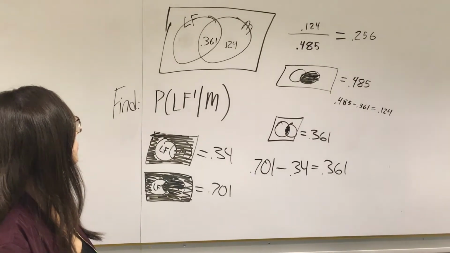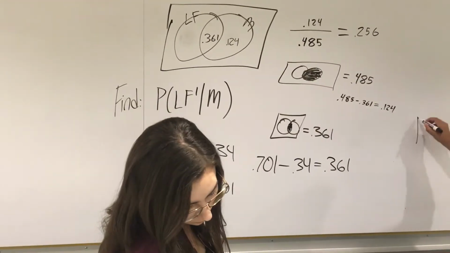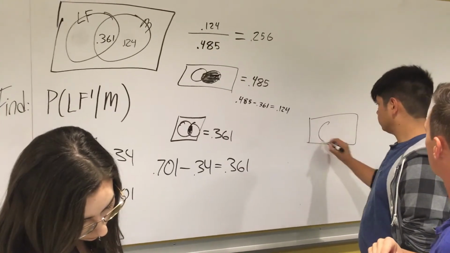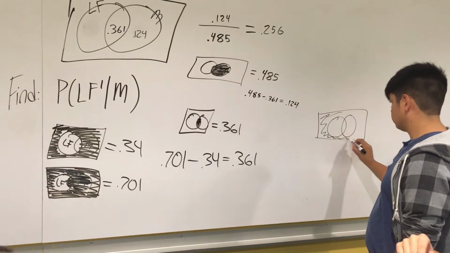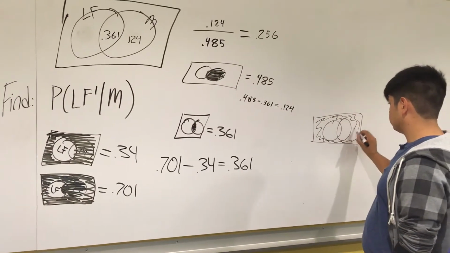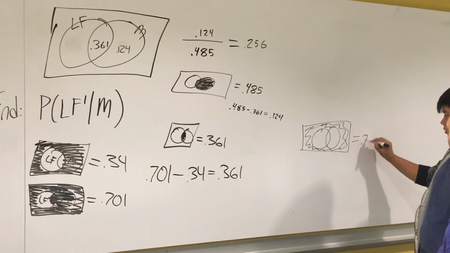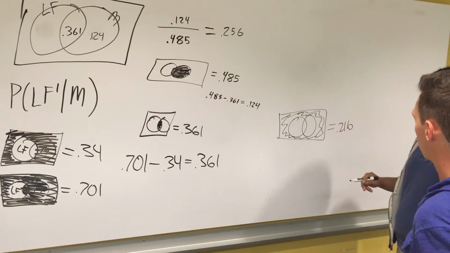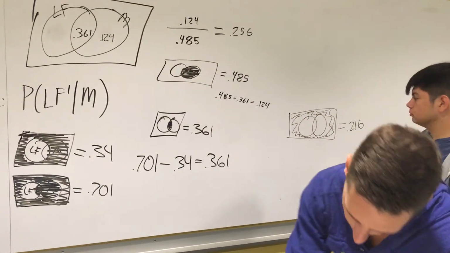It's just everything on the outside of those two circles. So it'd be everything out here. And it was 21.6. Right, yeah. So you can go ahead and label that on our main diagram too.